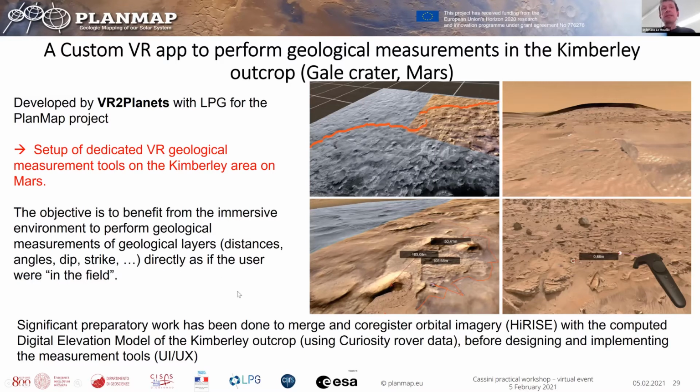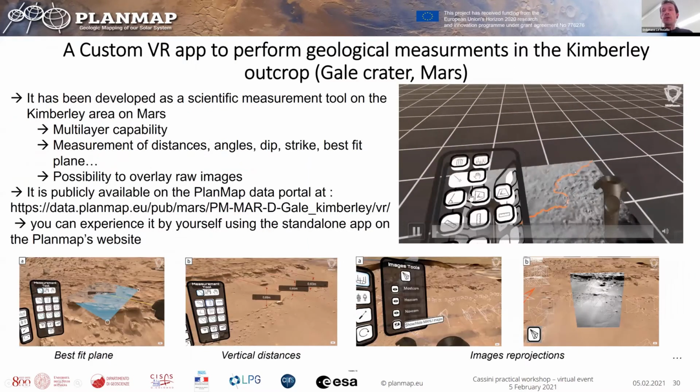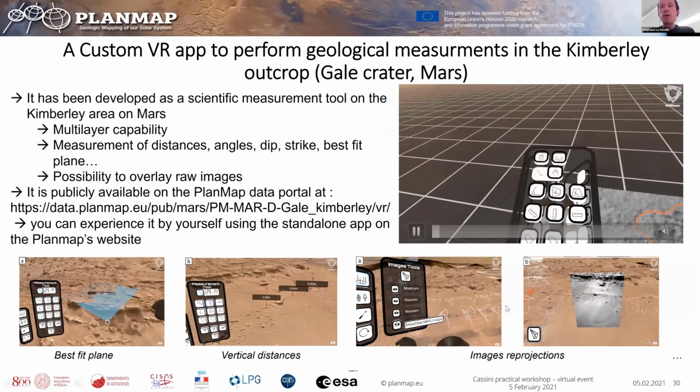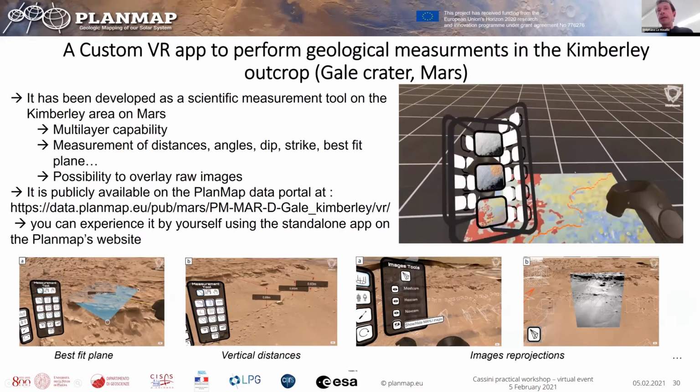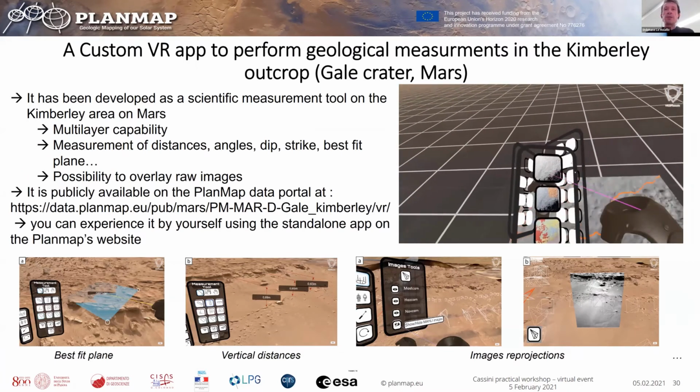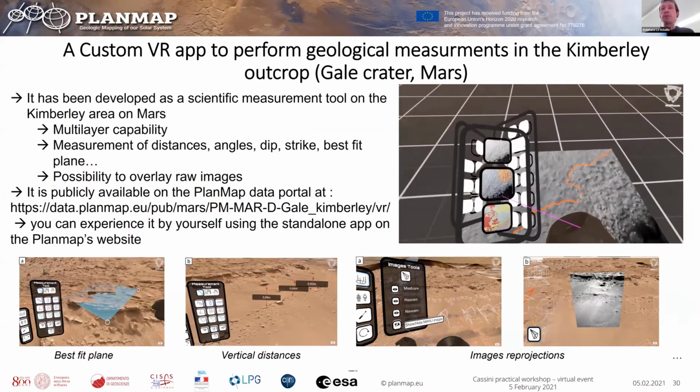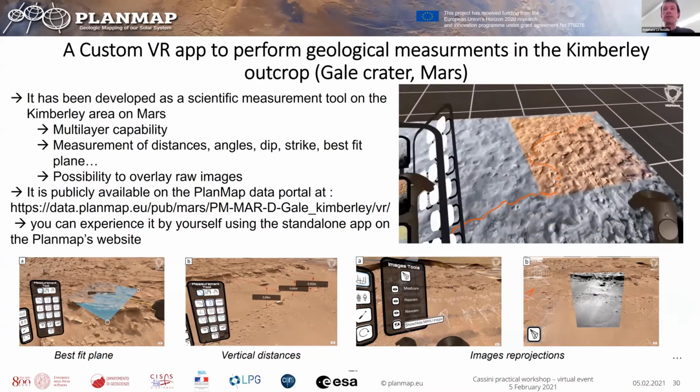So all these kinds of measurements that a geologist wants to do. So you have a small video here showing the application with somebody in action, and Gwenael is going to make you a live demonstration right after this introductory talk.